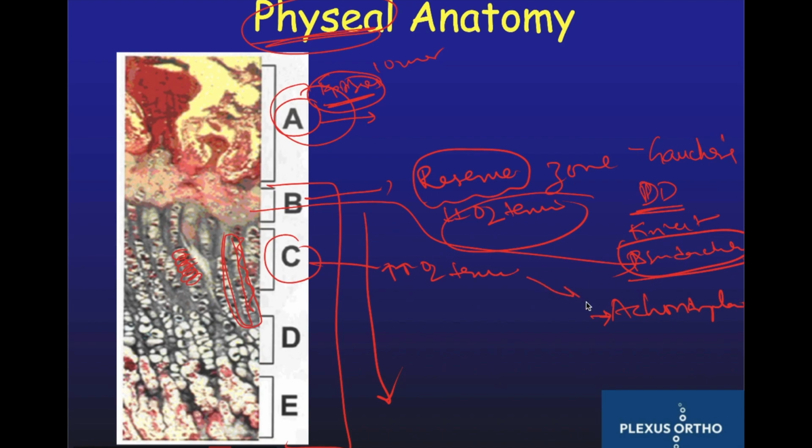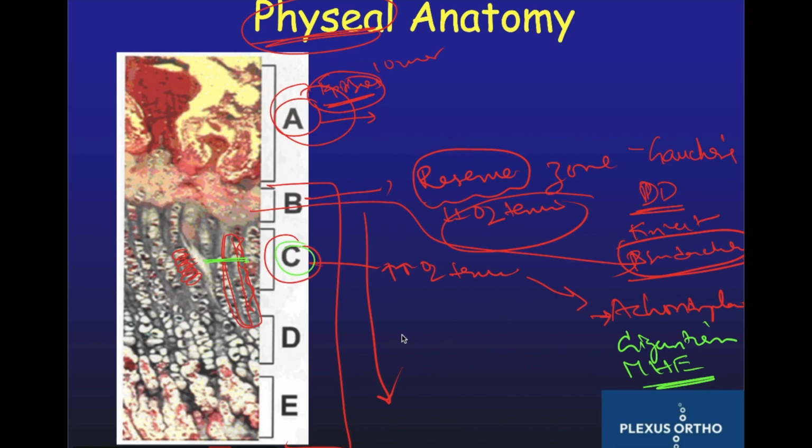The diseases that can occur here are achondroplasia, gigantism, that is excessive growth of the area, or multiple hereditary exostosis. These are the things that can occur in the proliferative zone, or zone C.